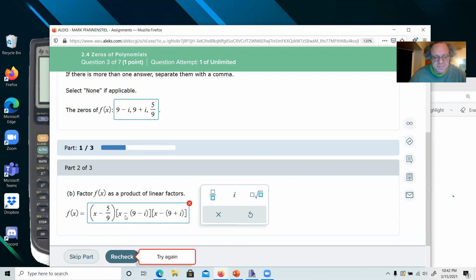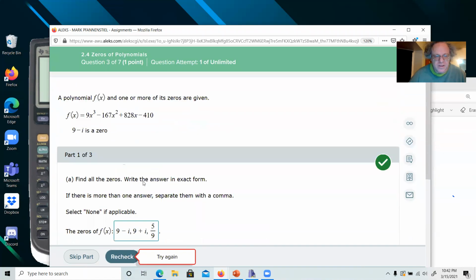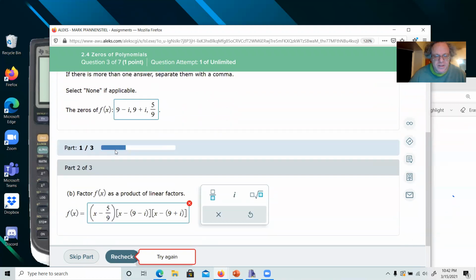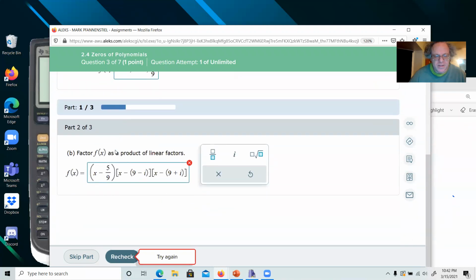Let's see. x minus 9 minus i, right? And then, I didn't like this one. Wish it gave me a little bit of a hint.